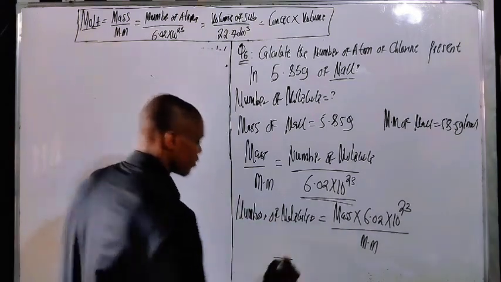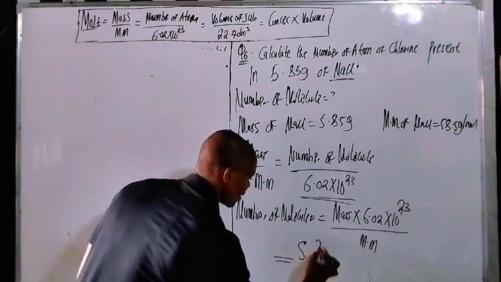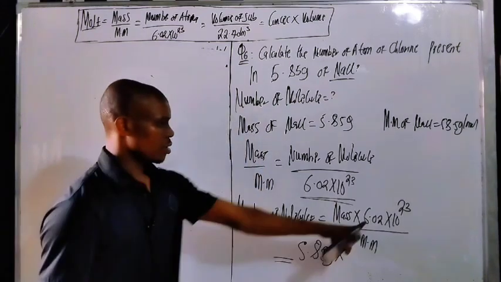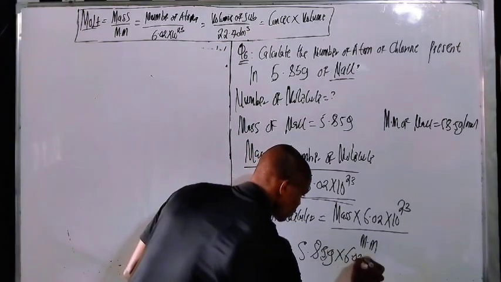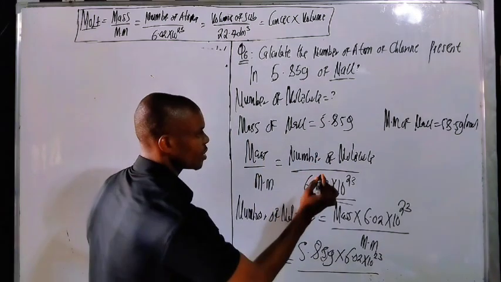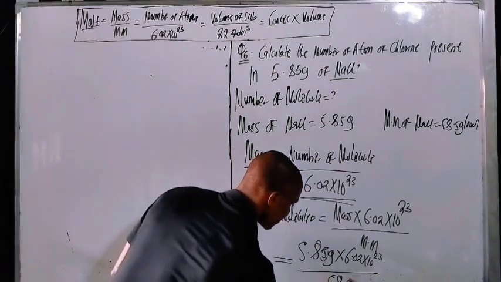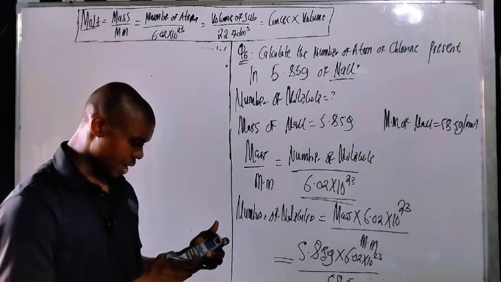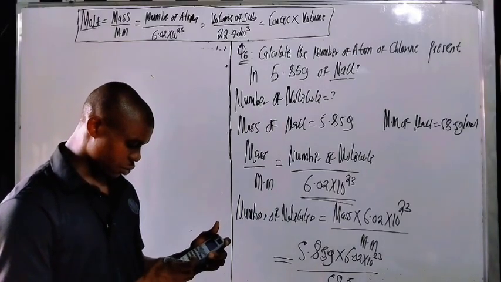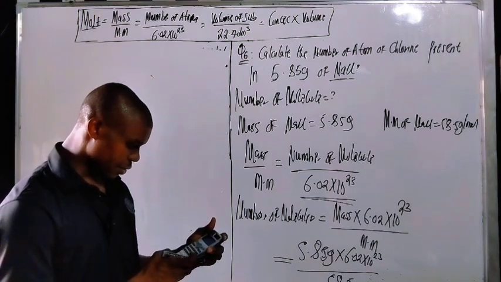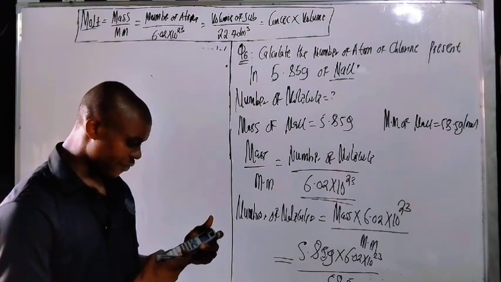Mass is 5.85 gram times the 6.02 exponential 23 over molar mass is 58.5. Yes, that is it. So it's going to be 5.85 times 6.02 exponential 23 divided by 58.5.